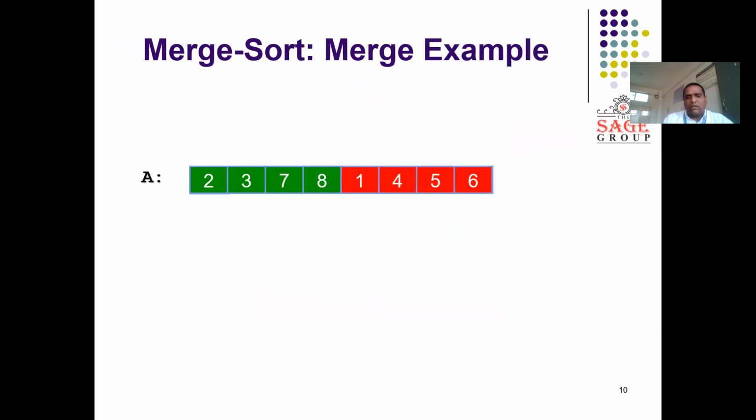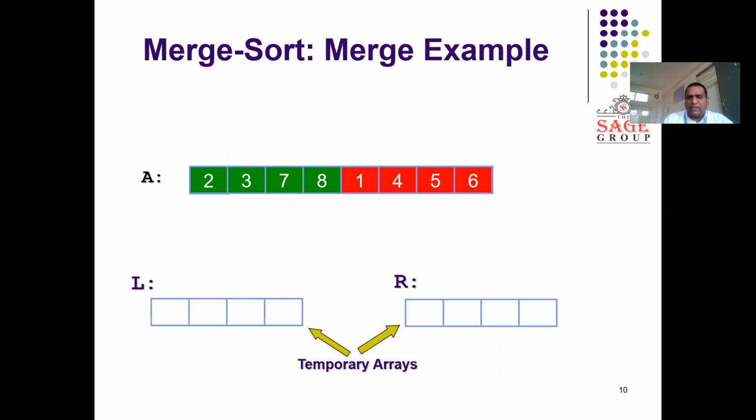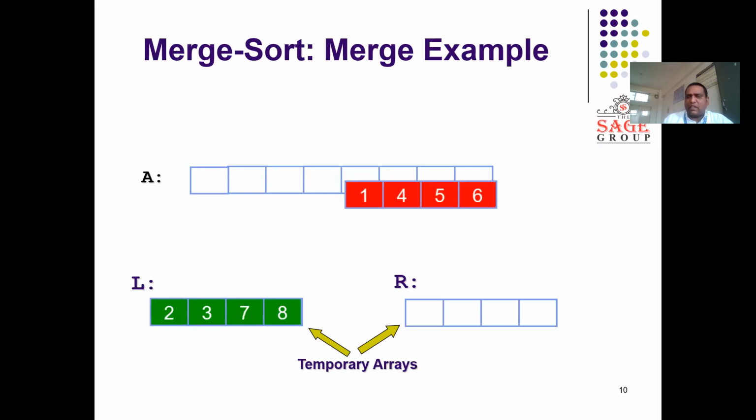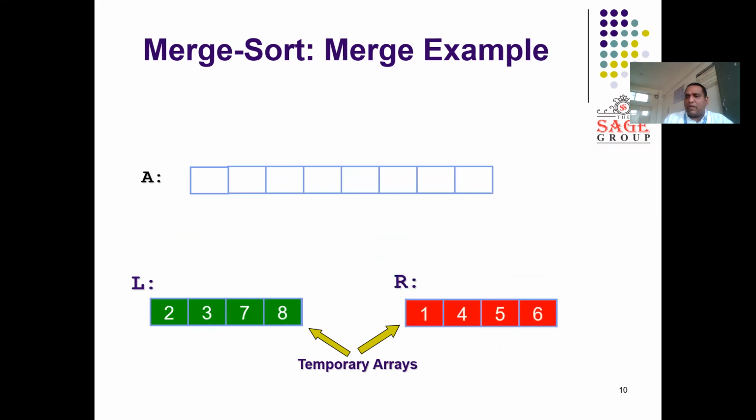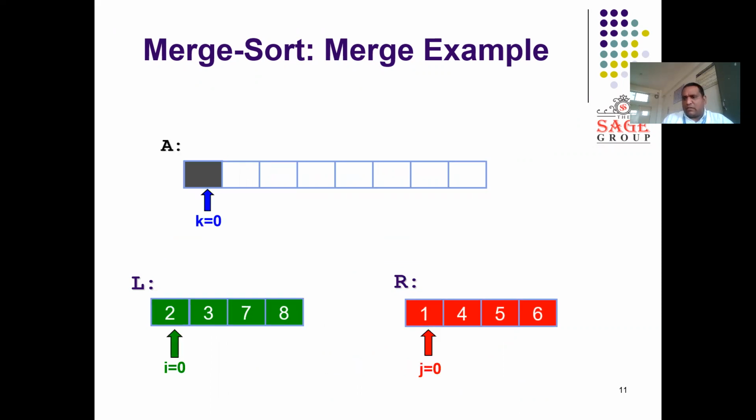If I have sorted lists 2 to 8 and 1 to 6, green represents the first sorted list and red the second, and we take a temporary array. Then, for merging, we take three pointers i, j, and k.